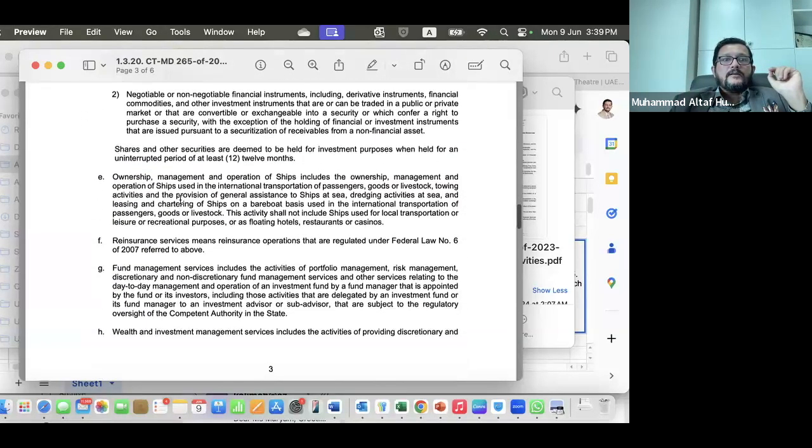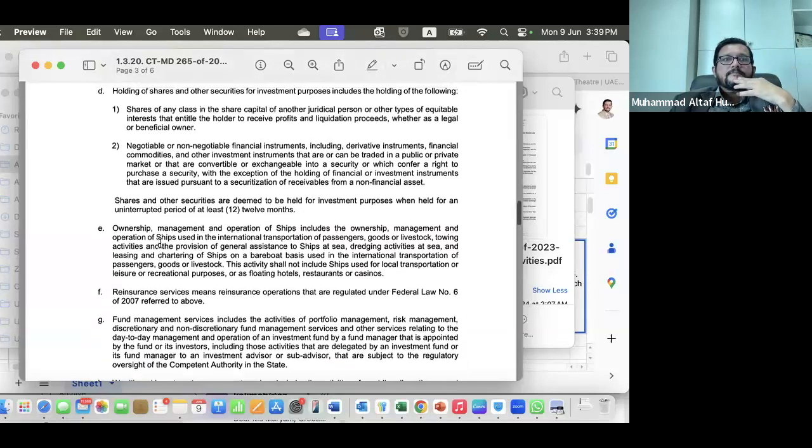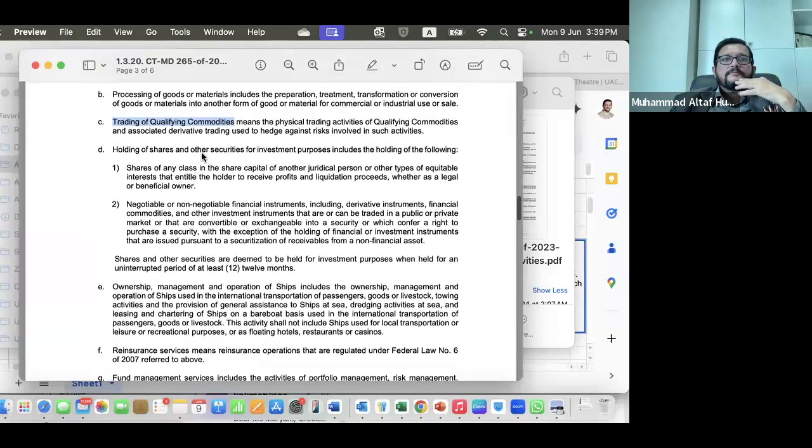But if you look, there is one more point, holding of shares and others for investment purpose. How would this be different from trading qualifying commodities? Yeah, a huge difference, no?